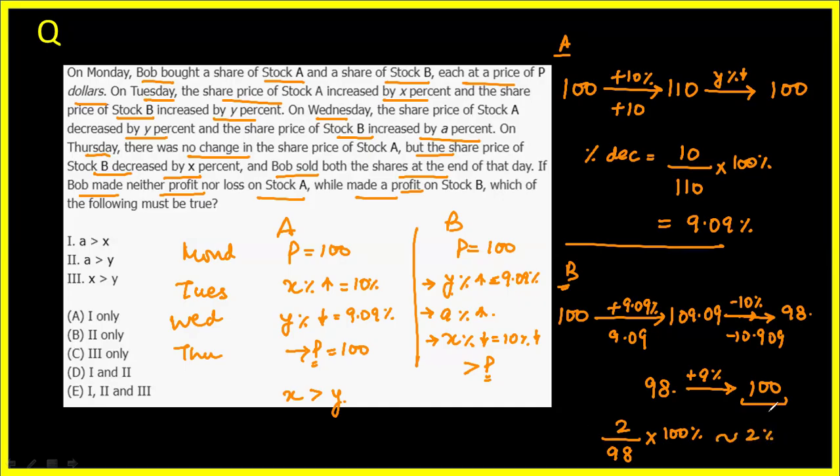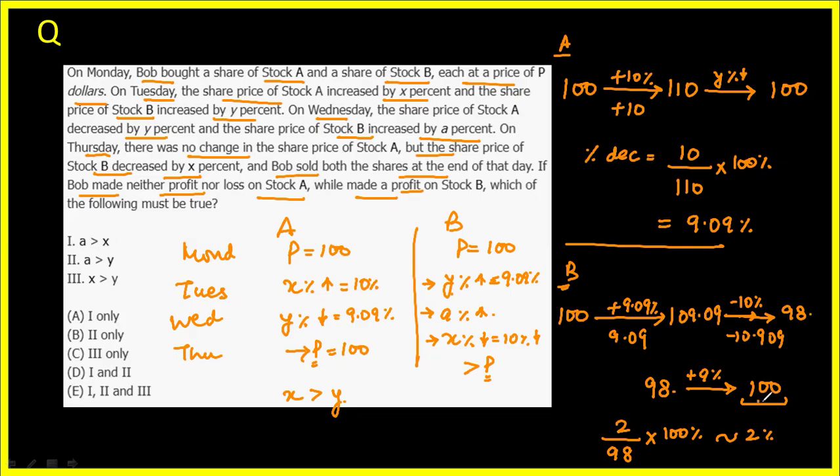Now, considering this is not 100 but just greater than 100, and we are not sure how much, the value comes out close to 2%. We are not sure how much this increase is.